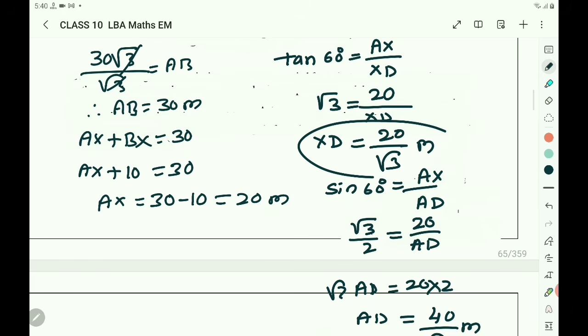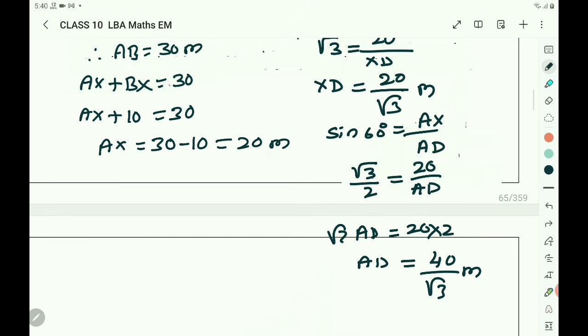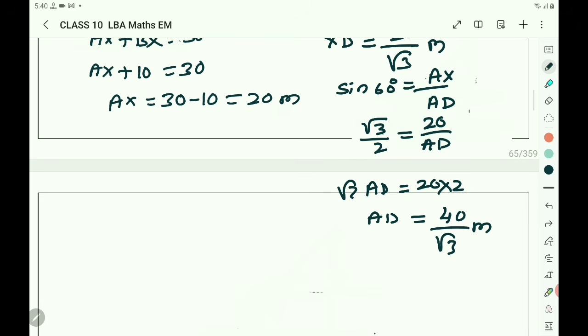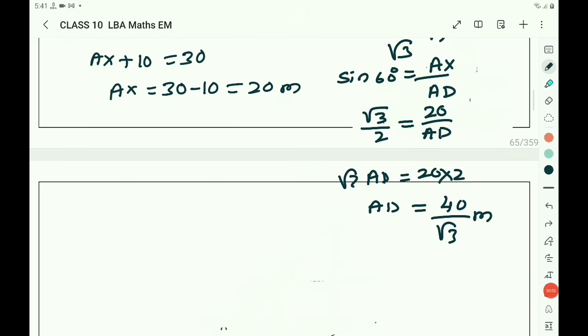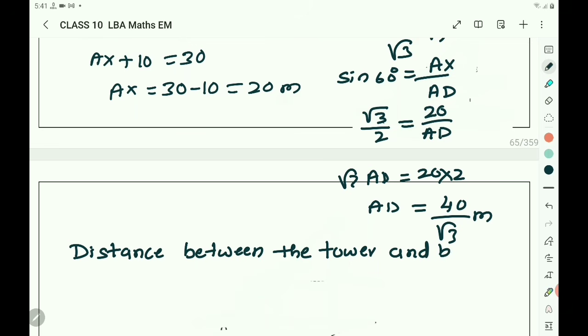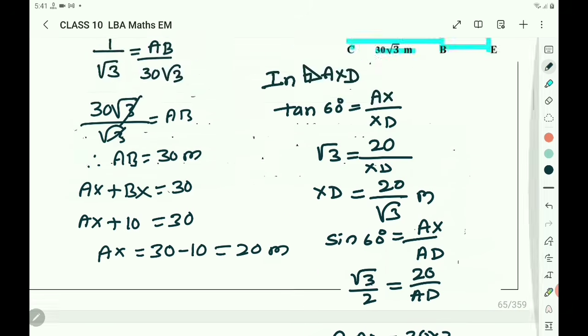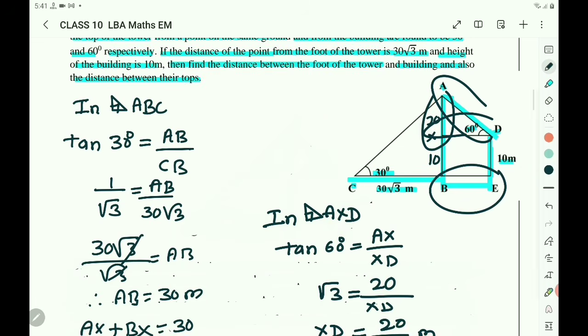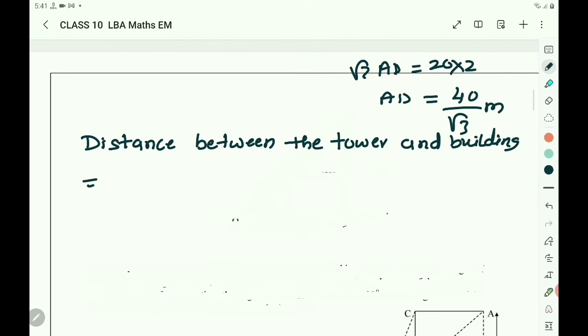The distance between the building and tower is 20 by root 3 meter and the distance between the top of the tower and the building is 40 by root 3 meter. Then you write: distance between the tower and building, that is XD, equals 20 by root 3 meter.